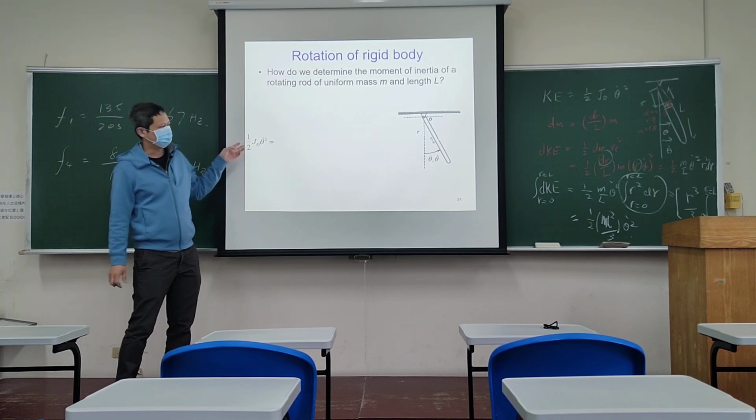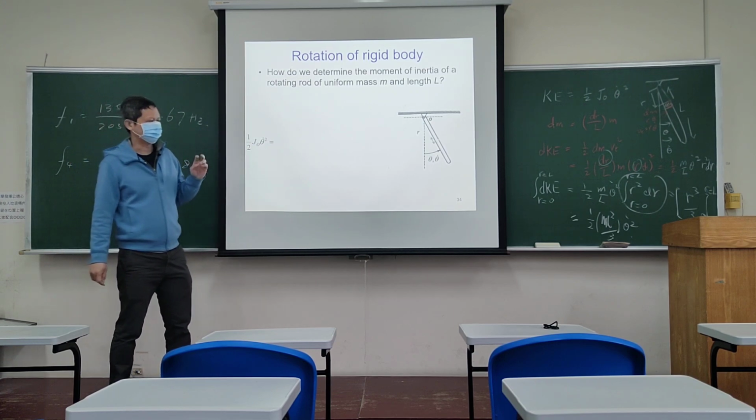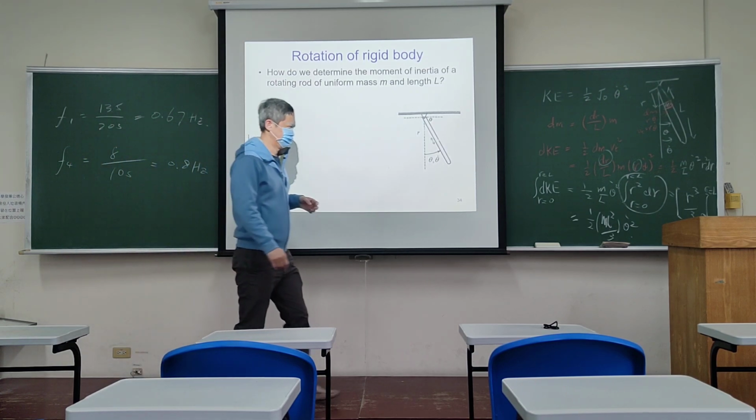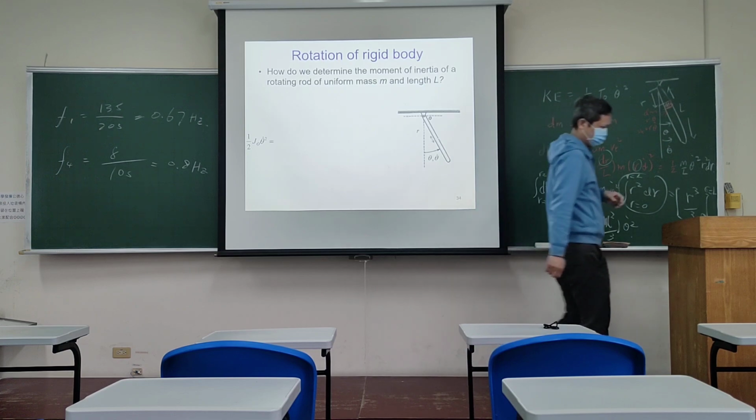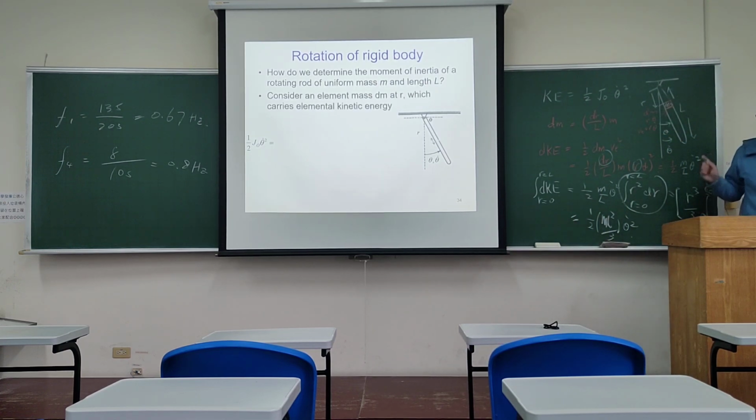So let's write down this moment of inertia formula first. It's all inside your notes, but this will give you an overview of how it is obtained. This is the tangential motion.